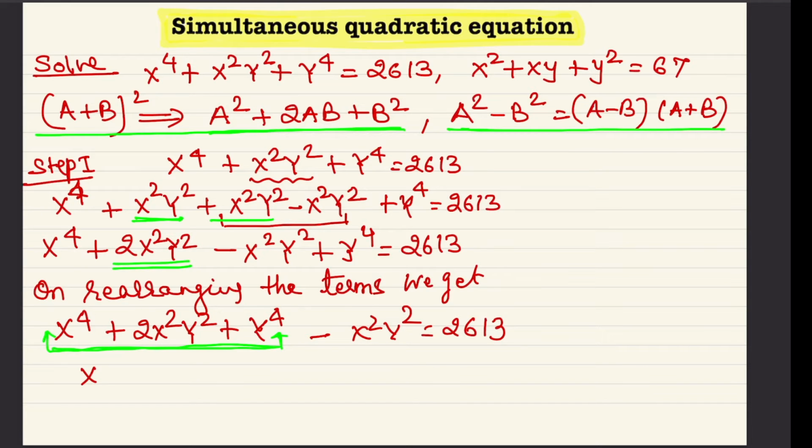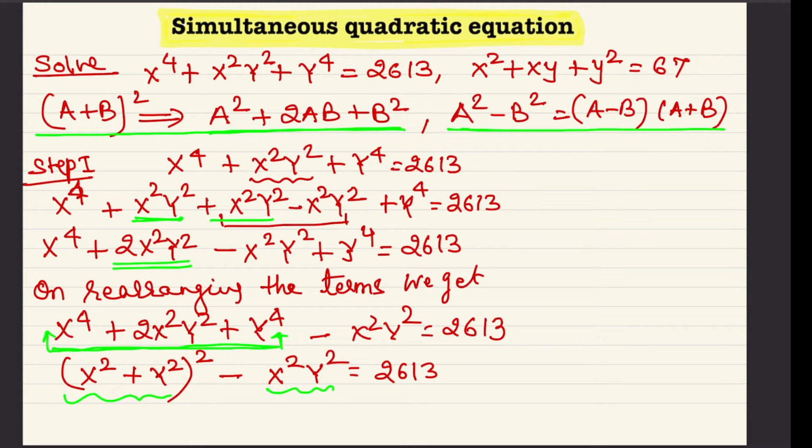Now if we look at these three terms, this can be written in the form of (a square plus b square) whole square. This is (x square plus y square) whole square minus x square y square is equal to 2613. We can again write this equation in the form of a square minus b square, which can be written as (a minus b) and (a plus b).